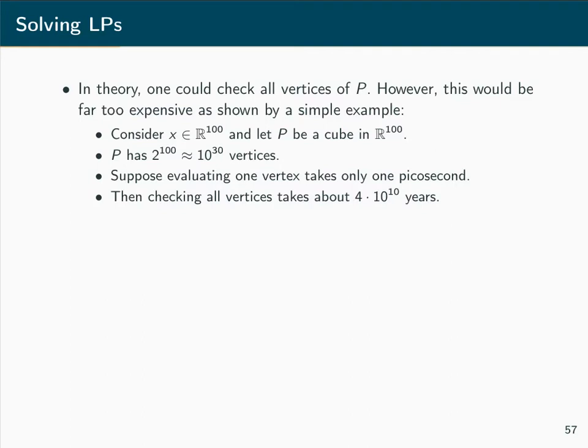Suppose our evaluation of one vertex were really fast, so it takes only 1 picosecond, which is 10 to the minus 12 seconds. Even then, the process of checking all of the vertices takes about 4 times 10 to the 10 years. So that's about 40 billion years, which is much longer than the age of the Earth.